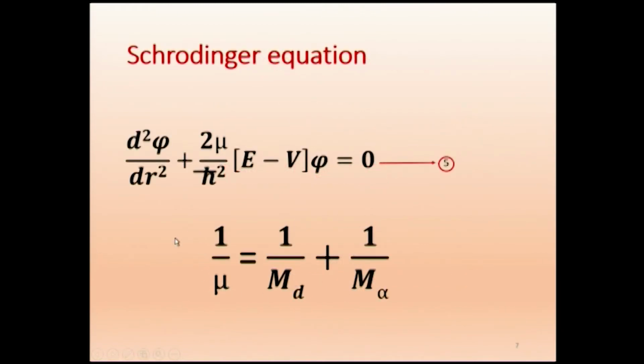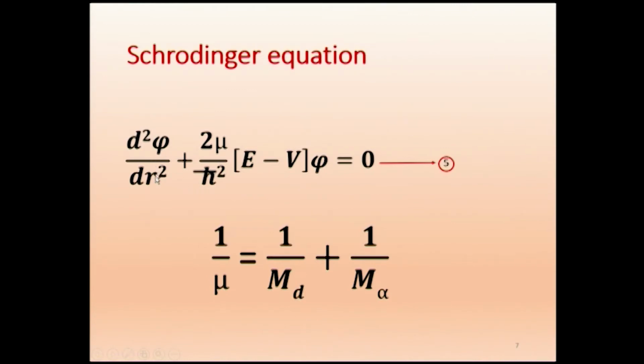So, how do you get this probability? I have to use the Schrodinger equation, and from the Schrodinger equation we can find the general solution psi. The Schrodinger equation for this will be d squared psi by dr squared plus 2 mu by h cross squared into (E minus V) into psi equal to 0. This is equation 5. What is psi?